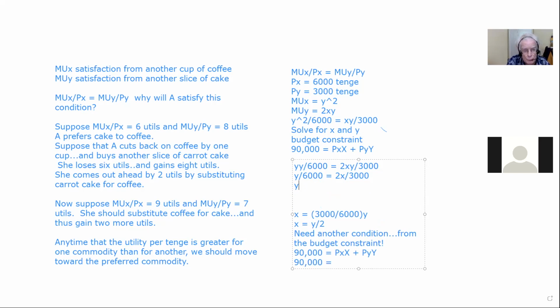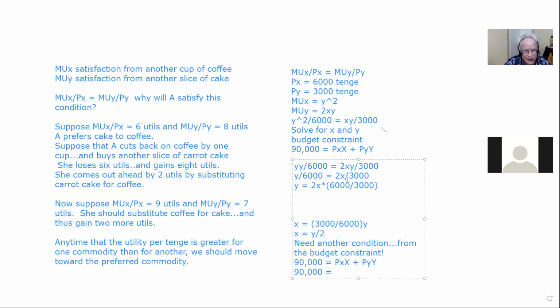So if we use that solution, y is equal to 2x times 6,000 divided by 3,000. Is that correct? So y is equal to 4x.